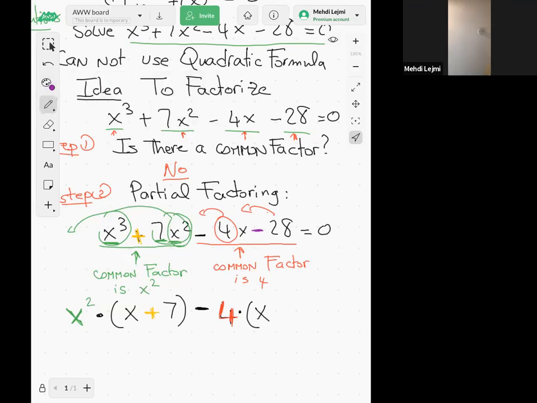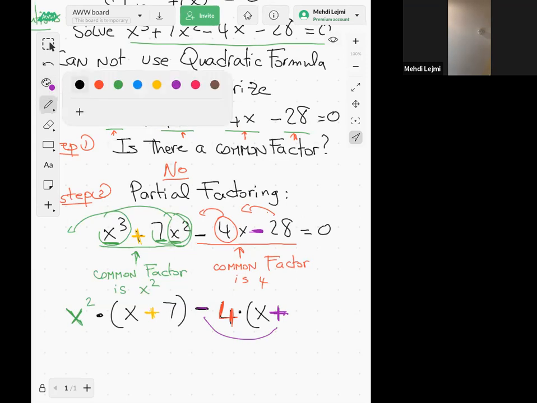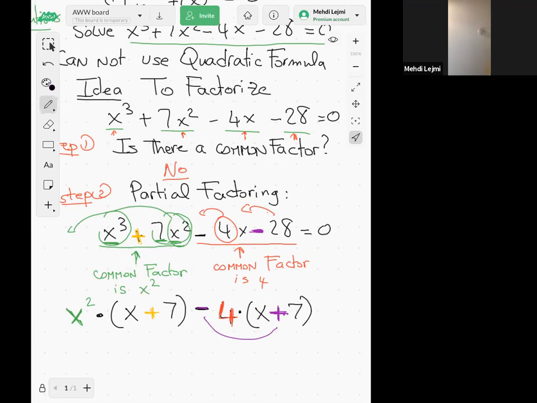But if you factor out 4, then here it should be a plus, because when you distribute the sign, minus times a plus will be a minus, right? So that's why we have this plus in here. And then you factor out 4, and 28 is 4 times 7, so that would be x plus 7 here. That's equal to 0.